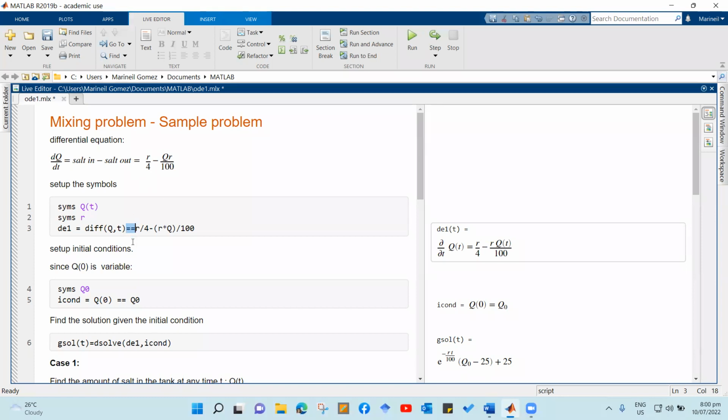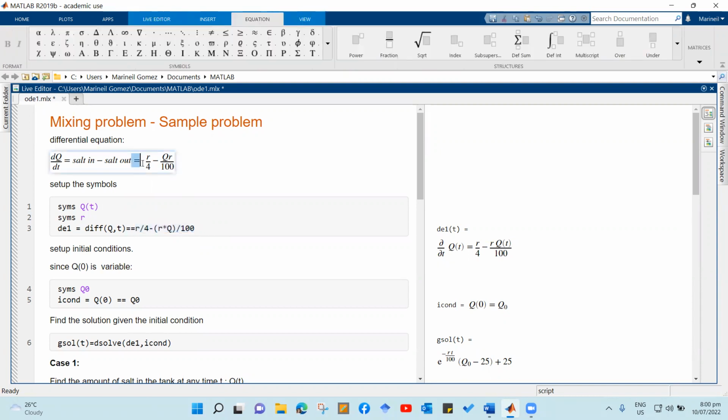So this designates that dq over dt, the derivative of q with respect to t, is equal to our expression here. This double equal sign has the same function as the equal sign in a differential equation. So we now have this equation.